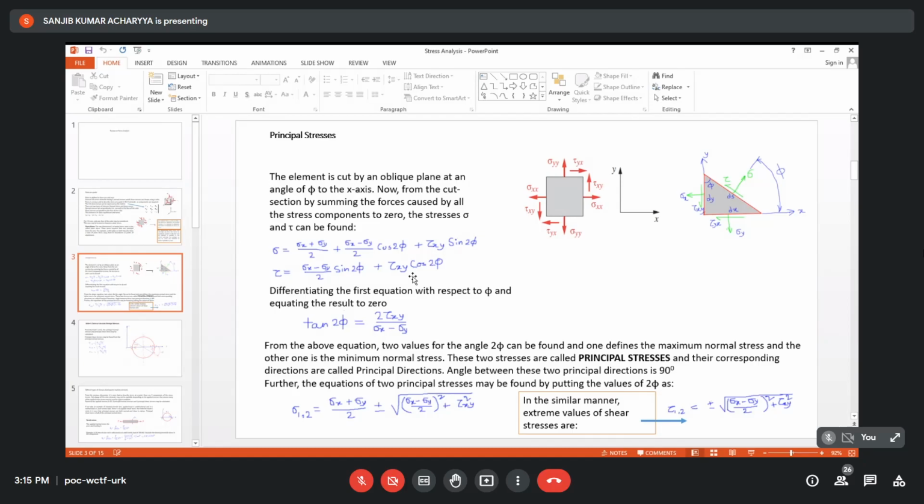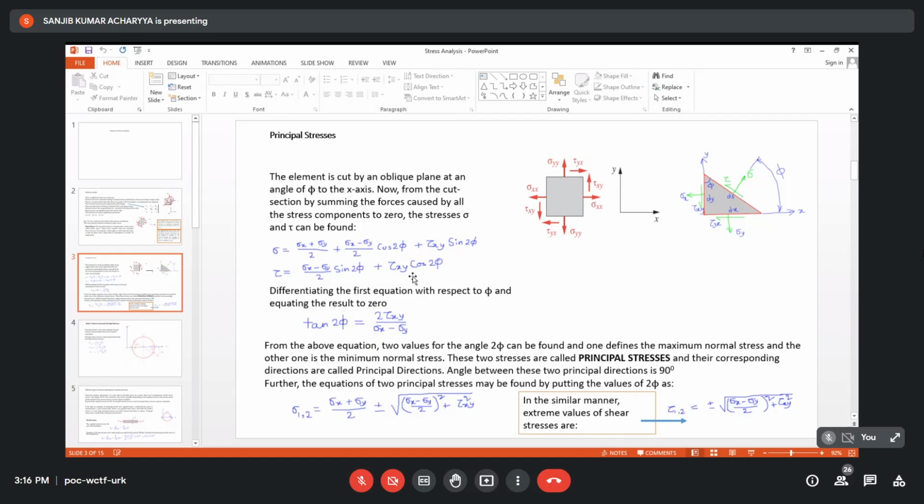Hello? Yes, sir. But designer knows that sometimes it may happen that for a material, failure occurred not because normal stress exceeds the permissible normal stress of the material. Rather, shear stress developed within the material exceeds the permissible shear stress of the material. So now what should be designer interest?